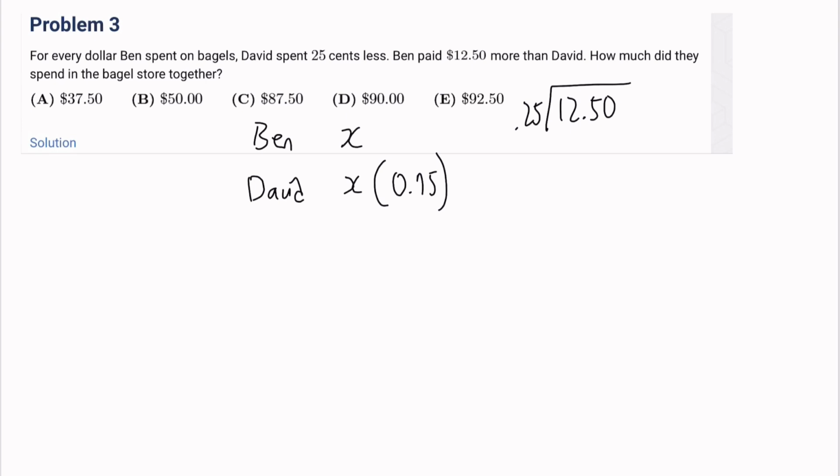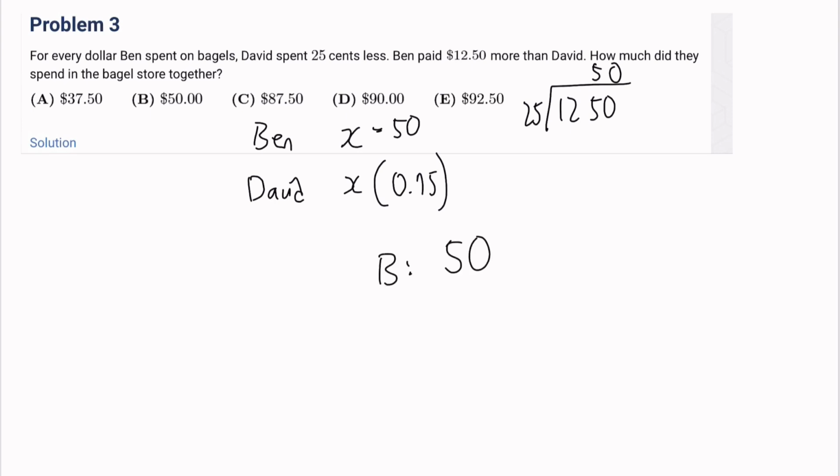We can just take out the decimal because they're both at the second decimal place, and this is 50, right? And so Ben spent $50.